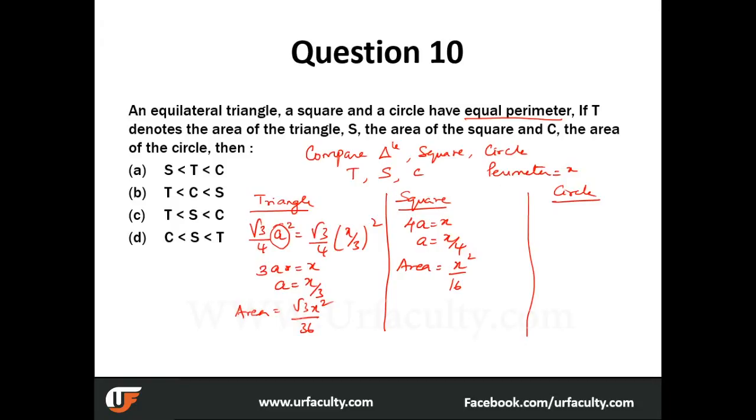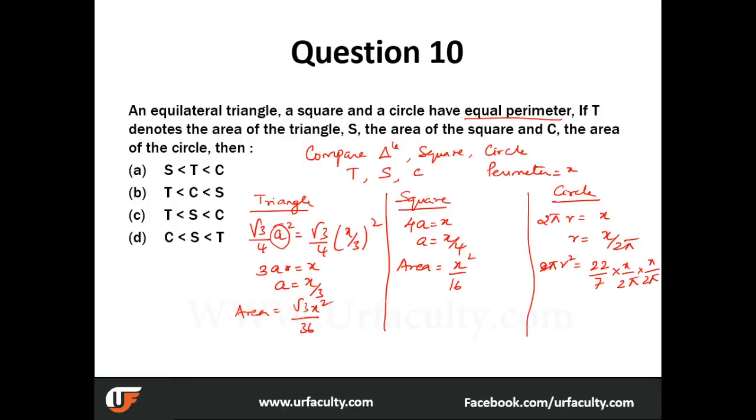Next one is circle. In the case of circle, your perimeter is equal to circumference. So 2 pi r is equal to x. So your r is equal to x by 2 pi. Now area of a circle is equal to, sorry, pi r square. So pi is equal to 22 by 7 and r square is equal to x by 2 pi into x by 2 pi.